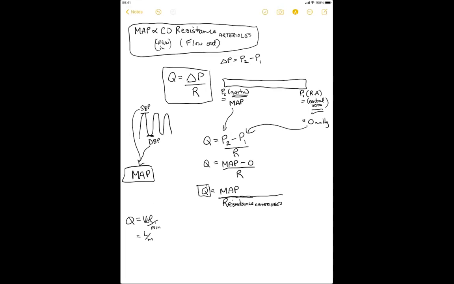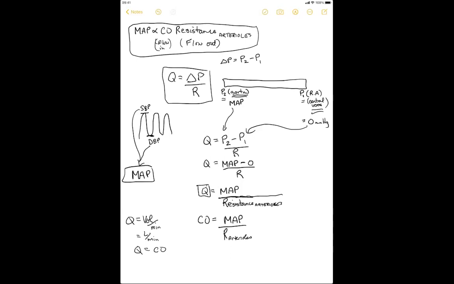And if you think of the values that we've learned so far that are in liters per minute, that's our cardiac output. How much blood is flowing per unit time. So in place of Q, we can just say that Q equals cardiac output. So we know cardiac output is equal to the mean arterial pressure divided by the resistance in the arterioles.